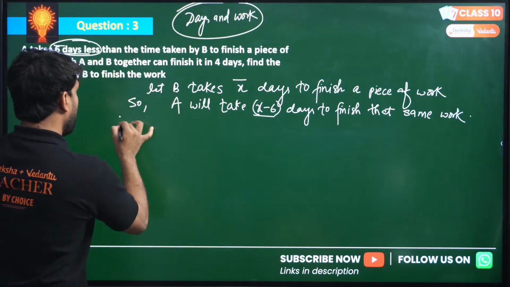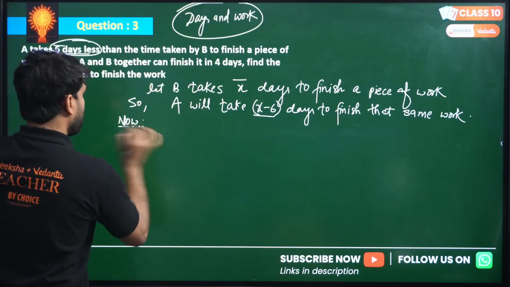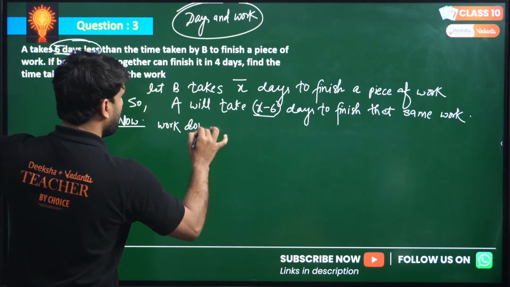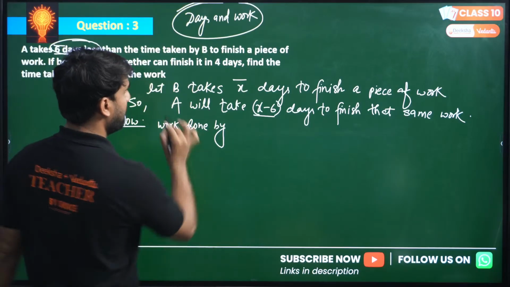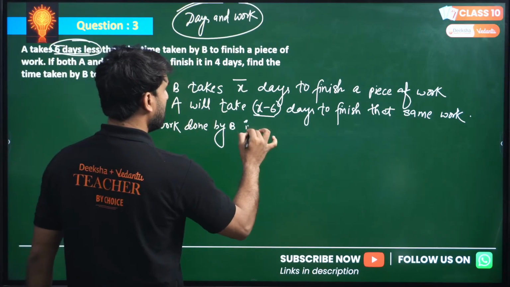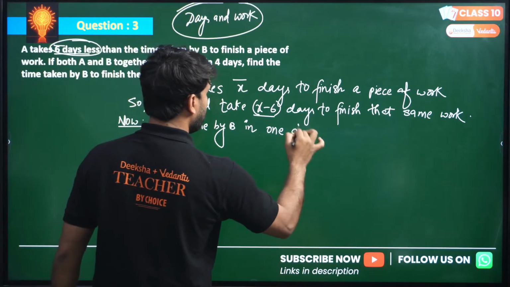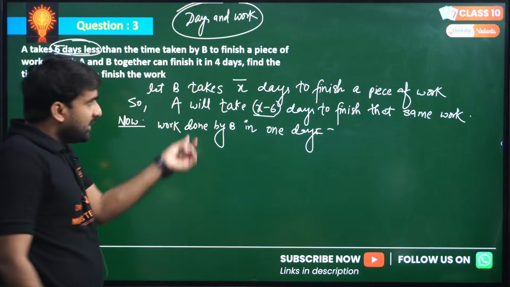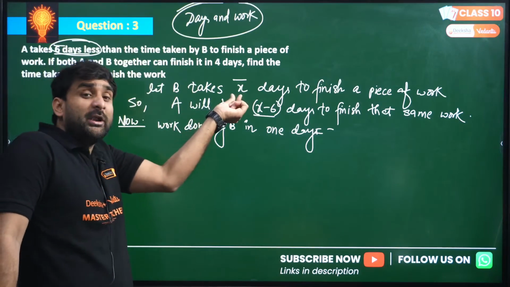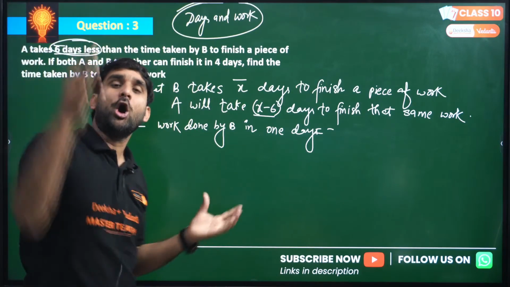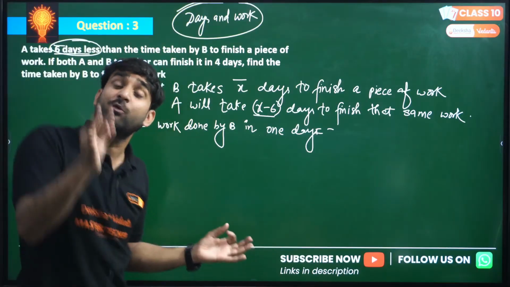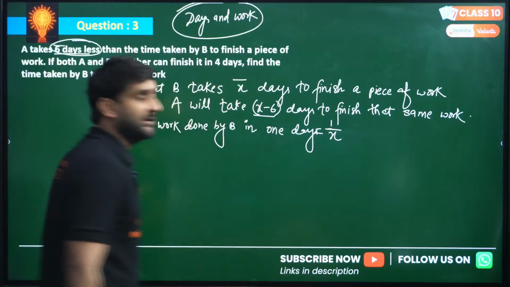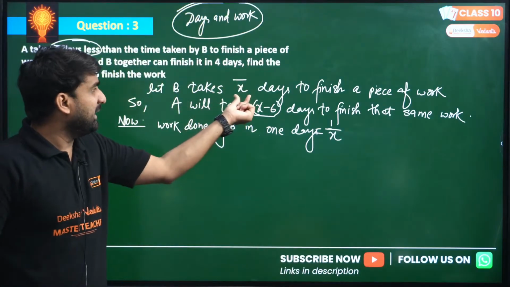So now, work done by B in 1 day. B is taking X days. So how much work is done by B in 1 day? It would be 1 by X, because the complete work takes X days.